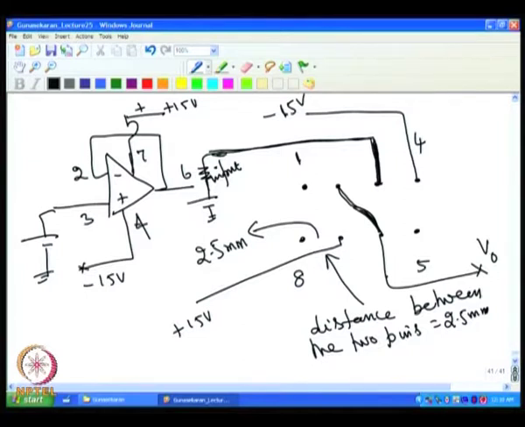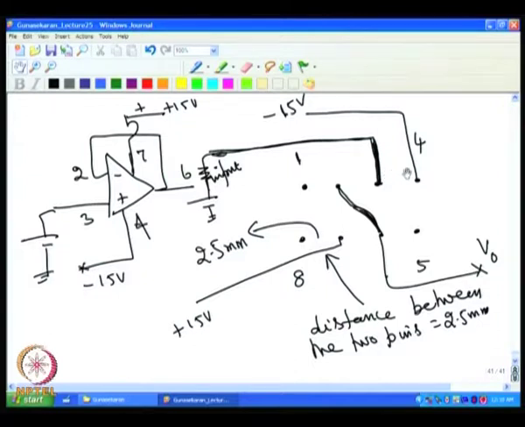Now, in this case, this is made on a printed circuit board, and we said the distance between these two is 2.5 mm. Even if it is a glass epoxy printed circuit board, you will have a certain amount of resistance across this. It is definitely not infinity.